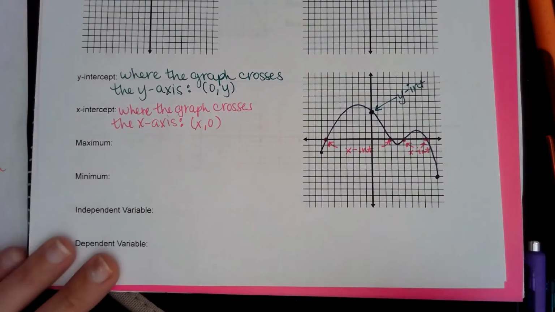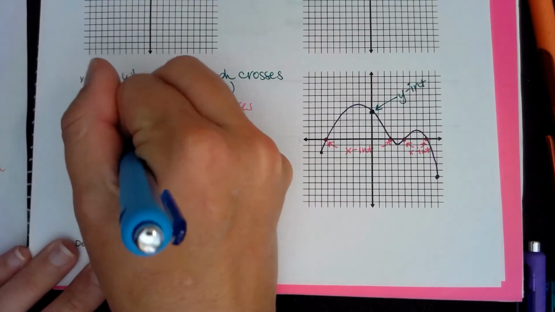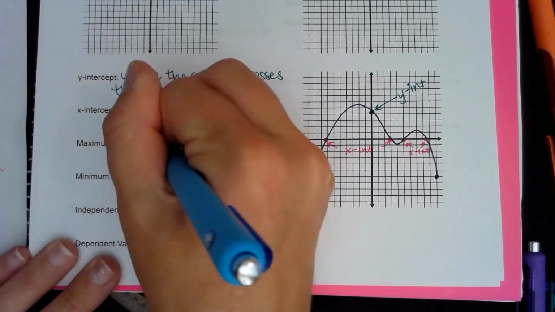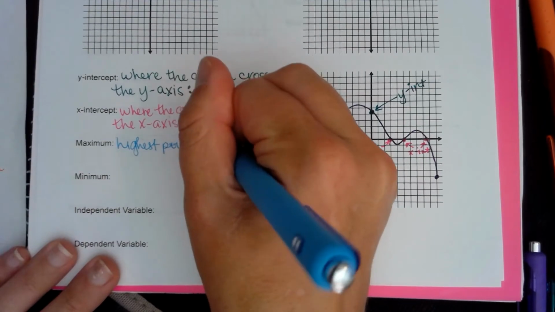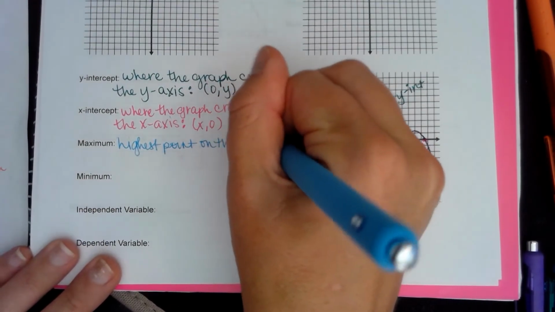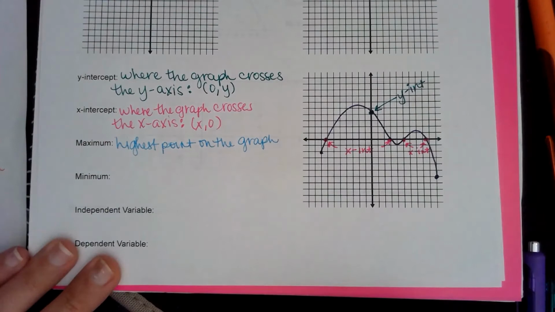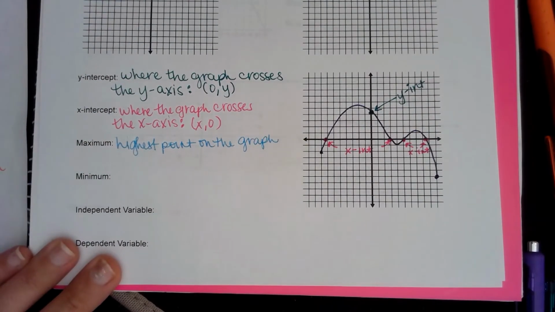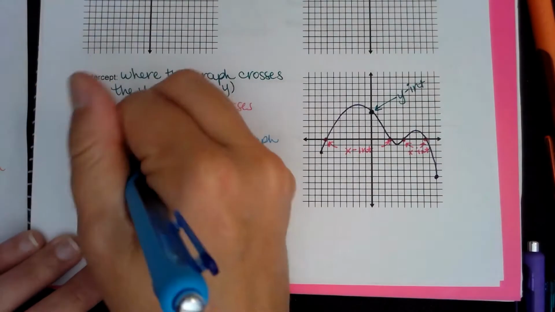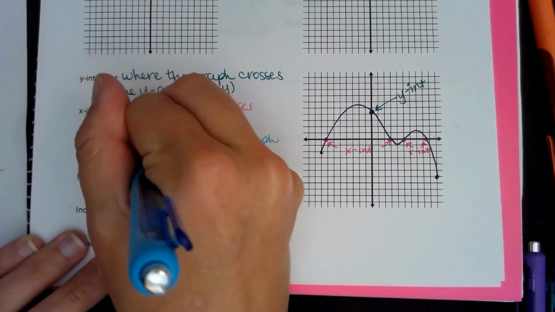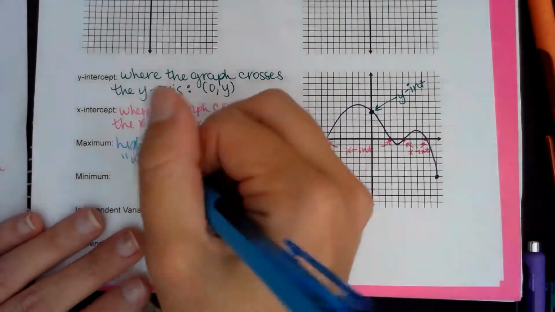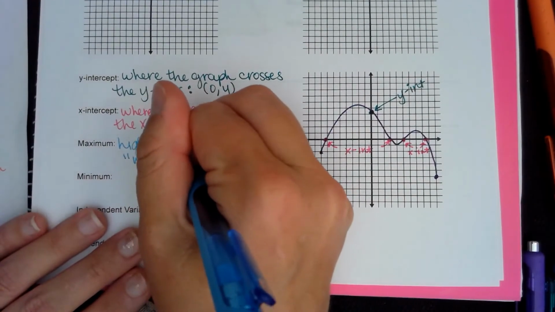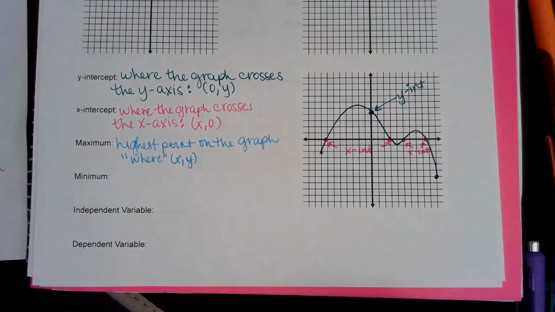A maximum is the highest point on the graph. Okay? So if it says where, so where is the maximum, you would put x, y. Okay?